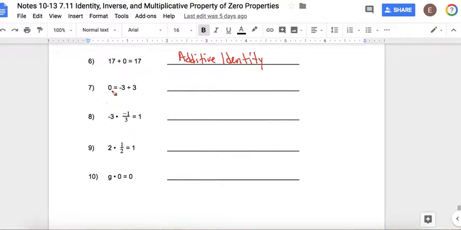Example number 7, 0 equals negative 3 plus 3. This is backwards of how it would normally look, but since we're adding two opposites together and we get 0, that is the additive inverse.